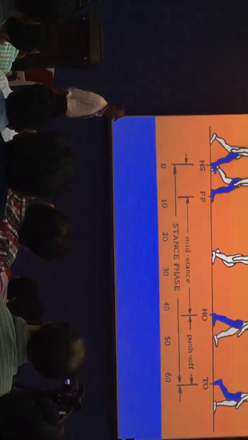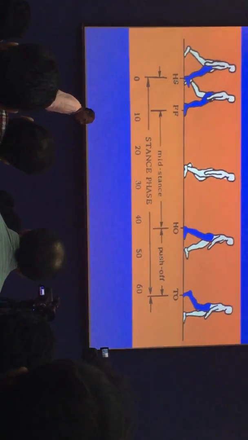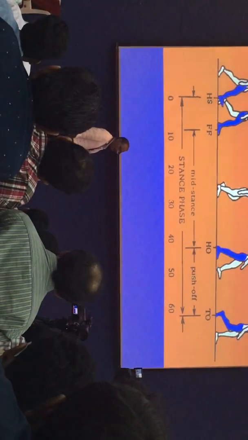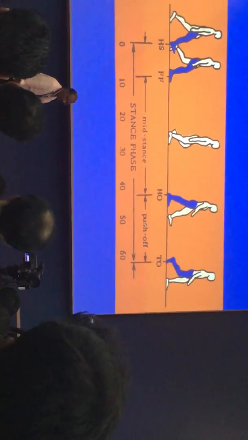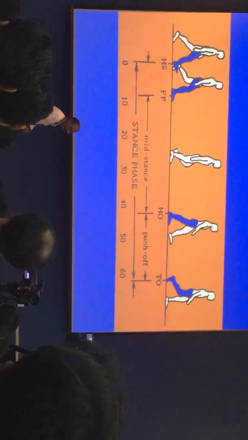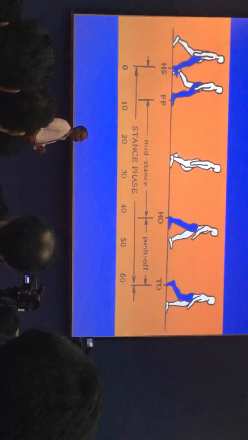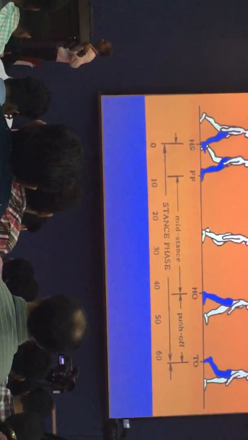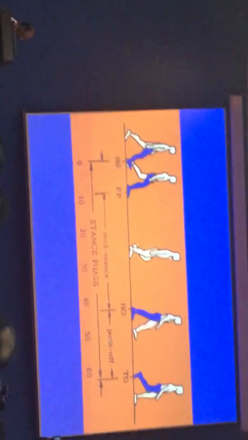So I'm at heel strike, foot flat, and I'm moving on. Throughout the mid stance phase, load bearing is happening and body weight is being transmitted until you reach the heel off stage, and then the toe off, and then you enter into the swing phase. But there is a difference, and what is the difference?